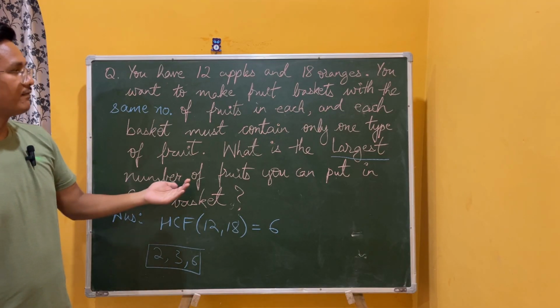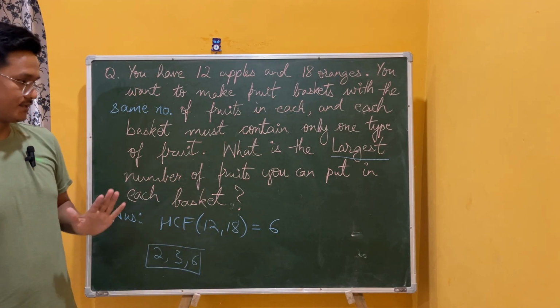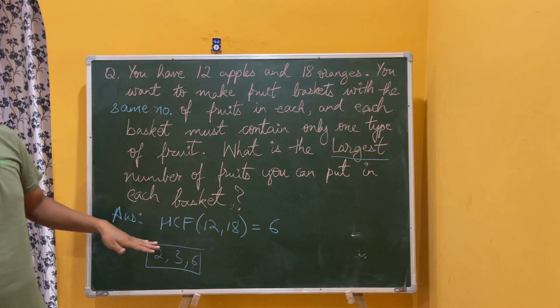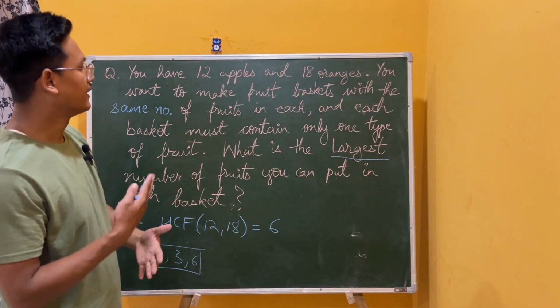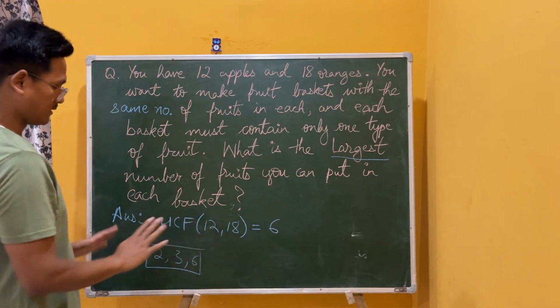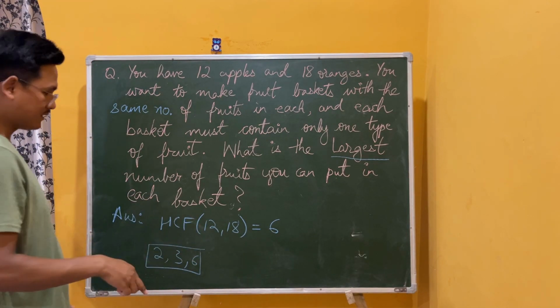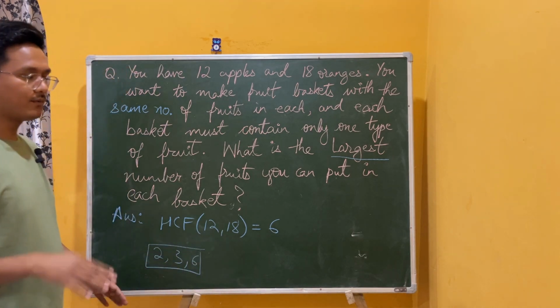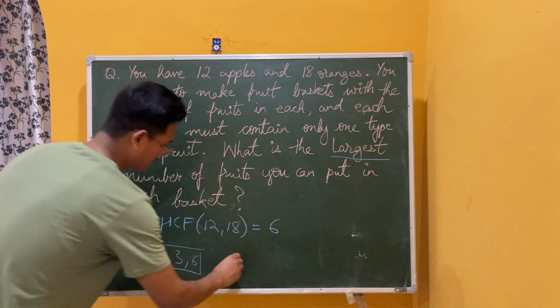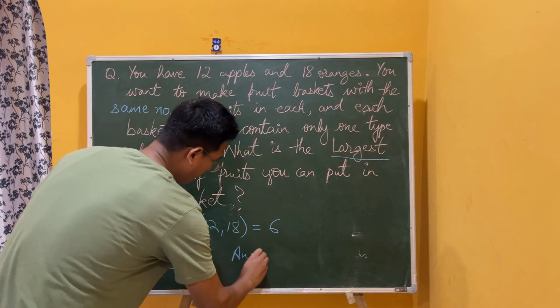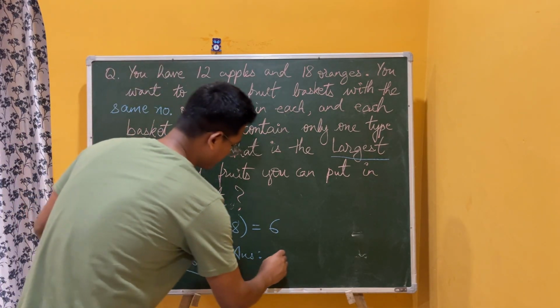So there will be 5 baskets. In this case, that was not asked. We only had to find how many fruits one basket contains when we divide them in the largest possible manner, that is 6 fruits. So the answer is one basket should contain 6 fruits.